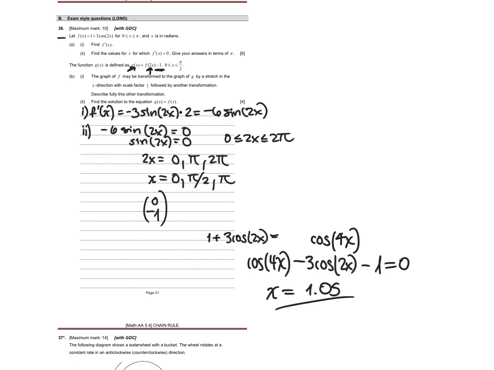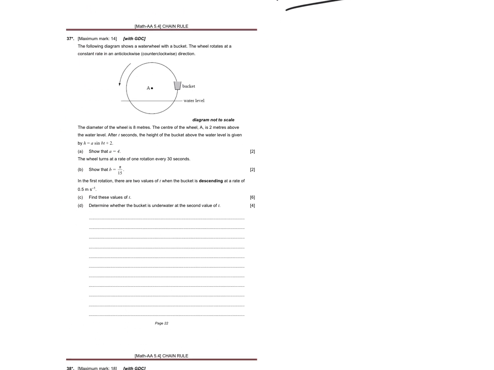Now, I was just looking at the answers. All right, 37. The following diagram shows a water wheel with a bucket. The wheel rotates at a constant rate in an anti-clockwise direction. The diameter is 8. The center of the wheel A is 2 meters above water level.